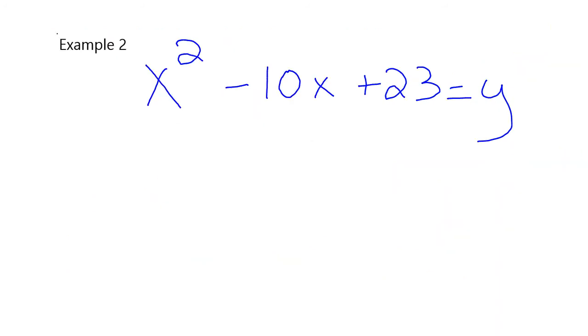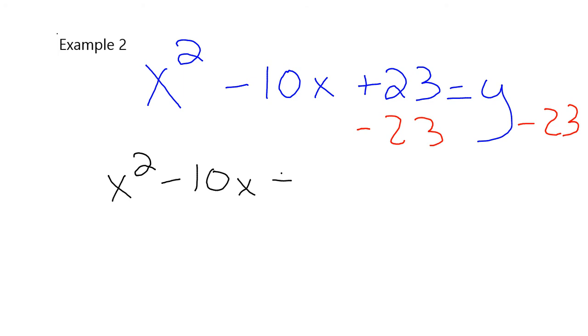Example 2 is x squared minus 10x plus 23. We're going to complete the square just like we did before. We need to move 23 to both sides. So then I'm given x squared minus 10x plus blank equals y minus 23.